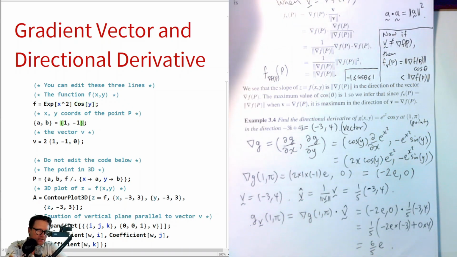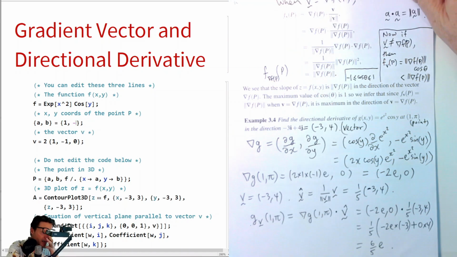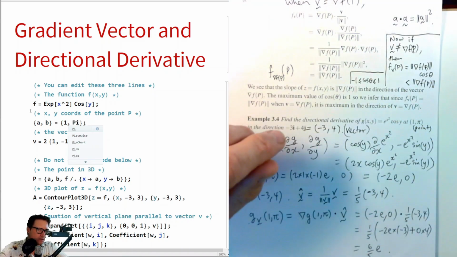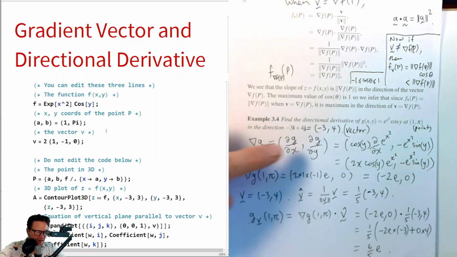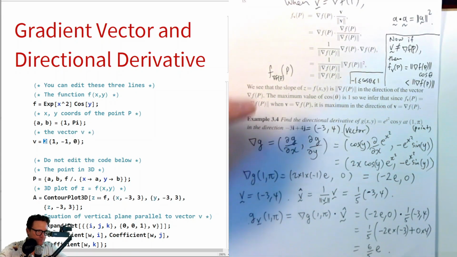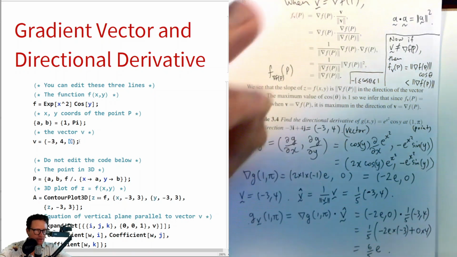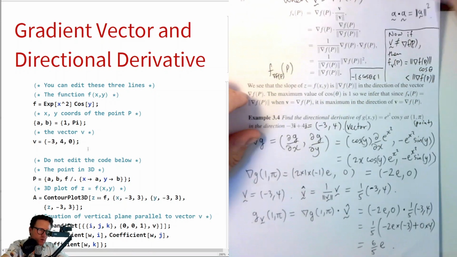Now our point is 1 comma pi. Okay, so we'll enter that here. And then the vector is -3, 4. So -3, 4, and then I put a y part of it as 0 so that this piece of code works. Let's run this.